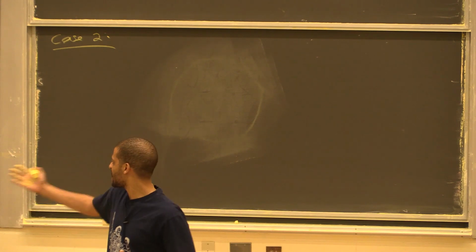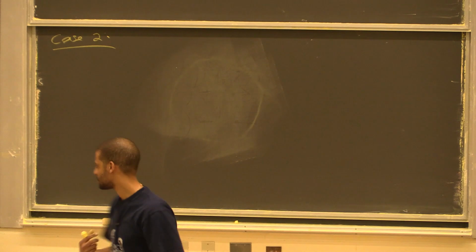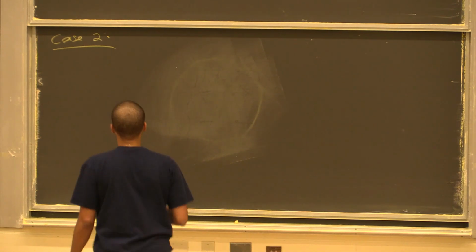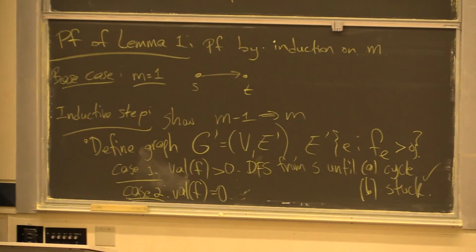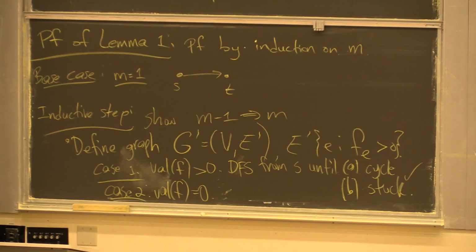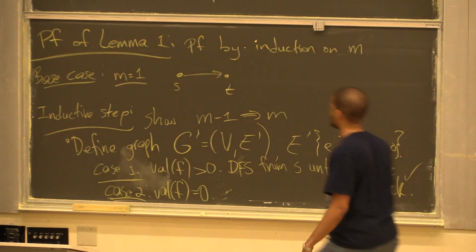So if we know in case 2 there's nothing leaving S, we also know there's nothing entering T. So if we're in case 2, there's nothing leaving S, there's nothing entering T, the value of the flow is 0, okay?